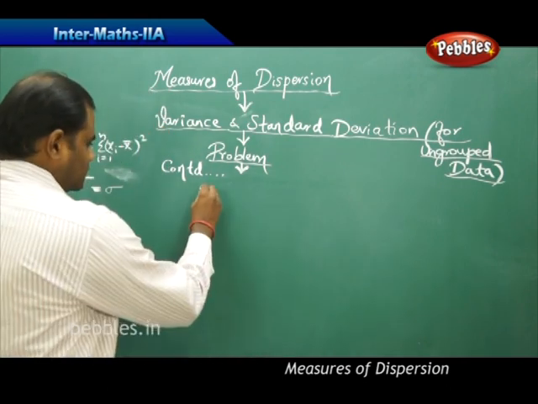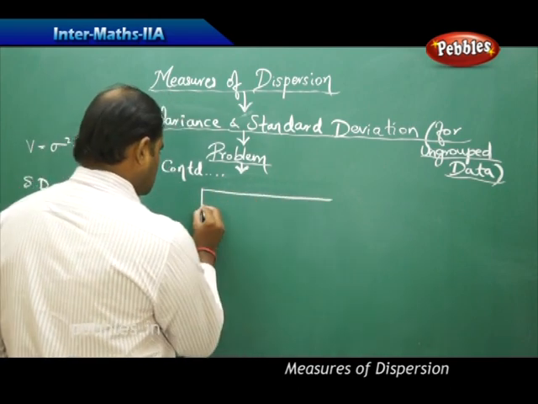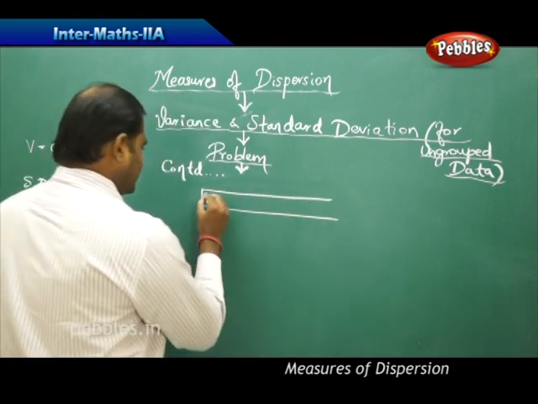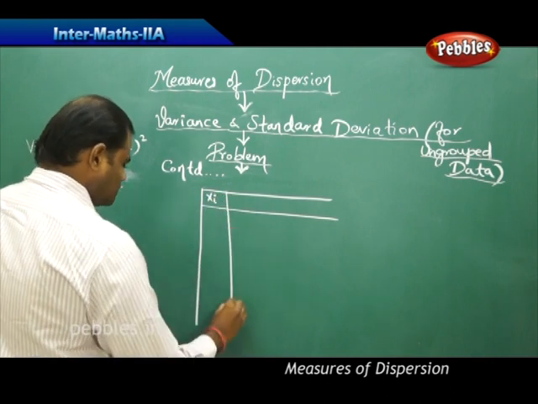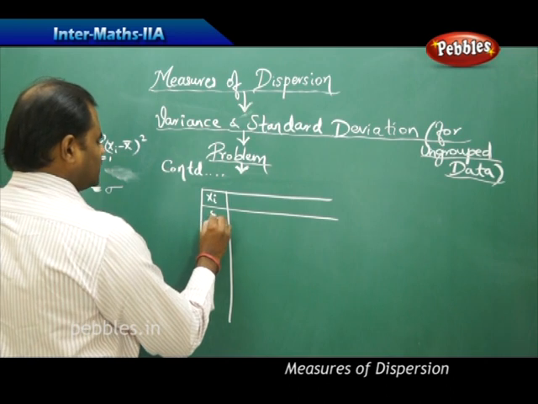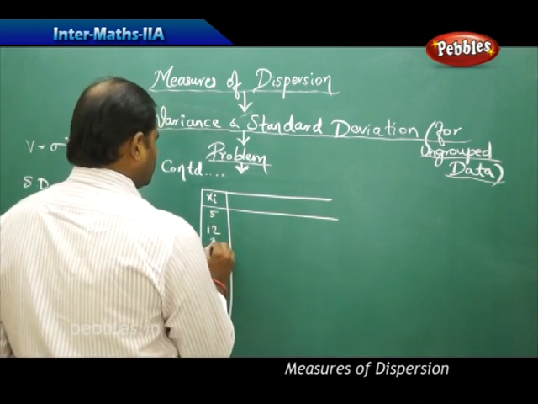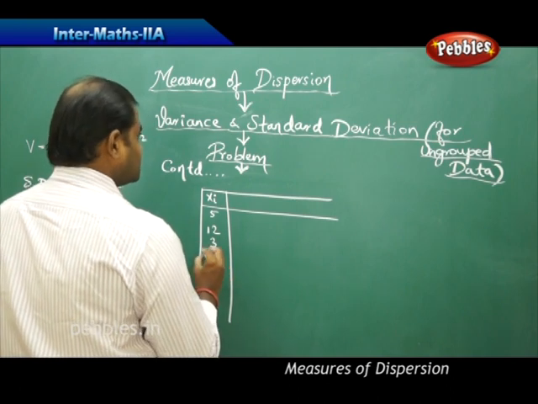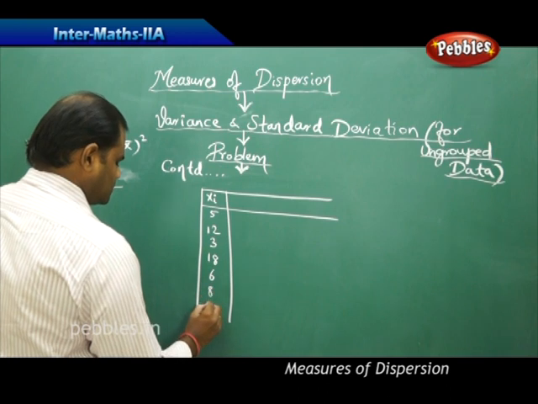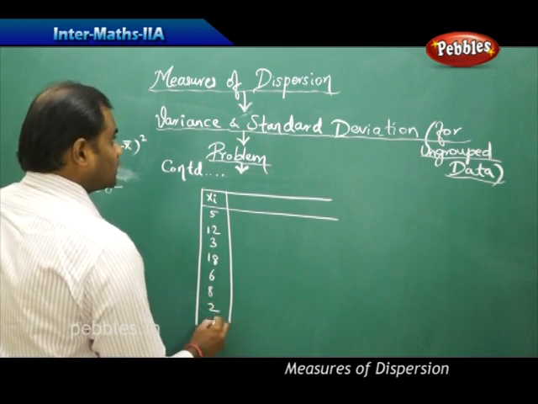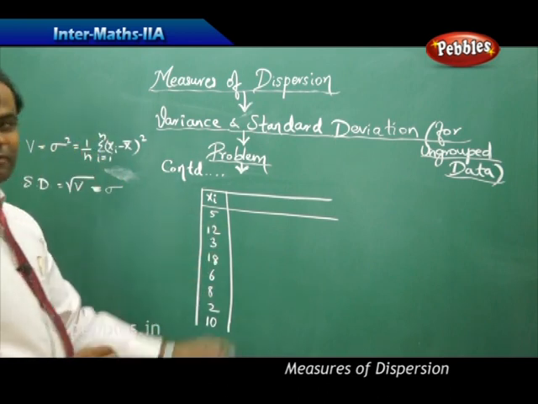So the given scores when taken in a tabular form, say in the form of xi, in the first column has 5, 12, 3, 18, 6, 8, 2 and 10 as my first score.